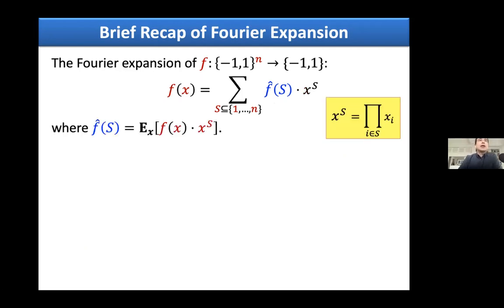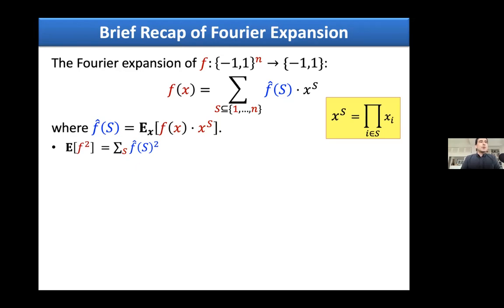In particular, we can calculate these coefficients efficiently, or at least estimate them if we have access to the function f, because these coefficients are just the expected value of f(x) times x^S, or this monomial. So if we get samples, we can just take the empirical mean, and this will give us a good estimate for the Fourier coefficient. That's one nice thing about the Fourier coefficients.